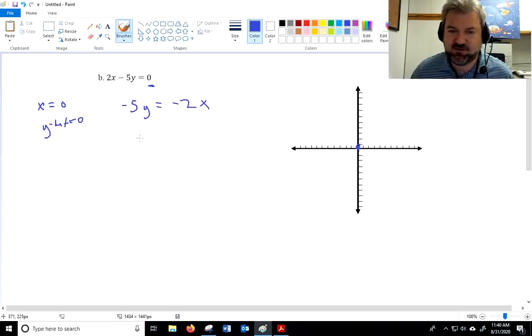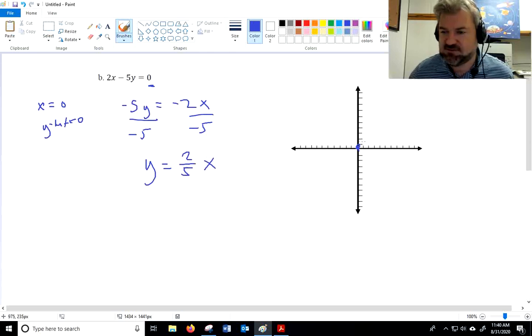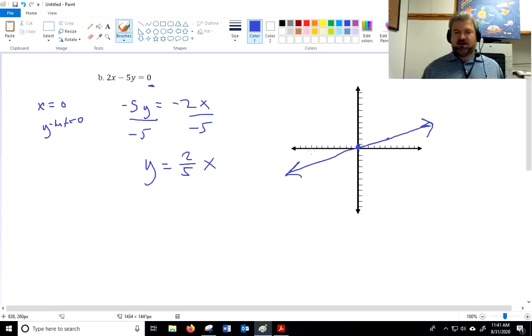Let's put it in slope-intercept. So I'll divide both sides by -5, and I get 2/5 x. That tells me the slope of up 2 over 1, 2, 3, 4, 5. So yeah, that standard form where you graph it finding the intercepts, it doesn't always work that well if it's equal to 0, so you want to go ahead and convert that.